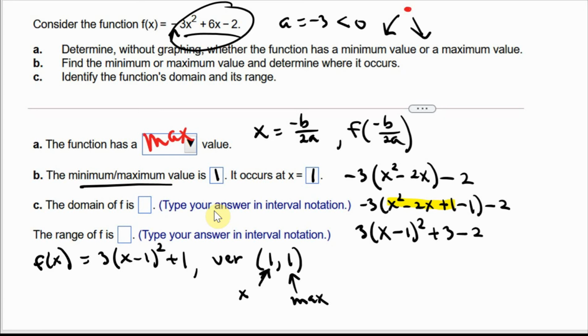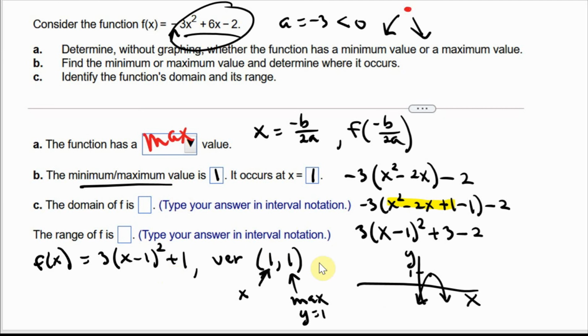What's the domain and the range? I don't know about you, but I have to graph it so I can see it. So I find the vertex 1, 1. A is negative, so it's going down. I'm going down. Now, what's that highest value there? That's 1, right? That's the y value.